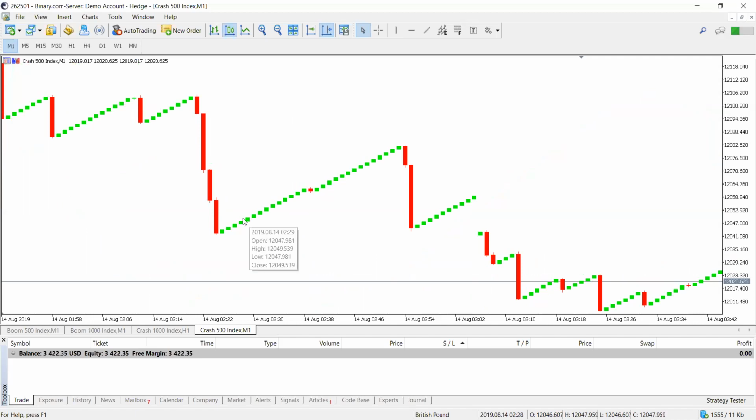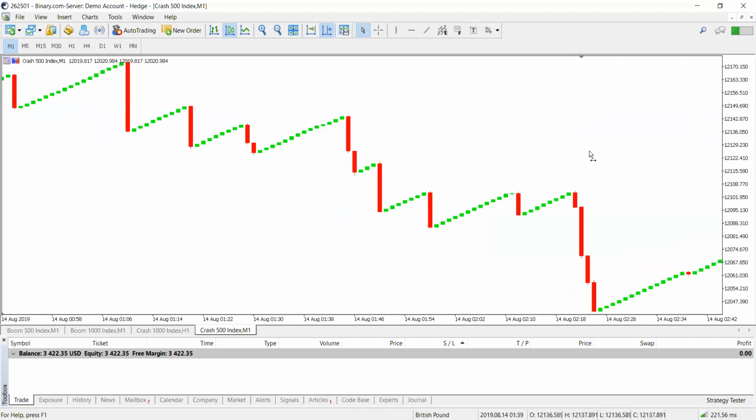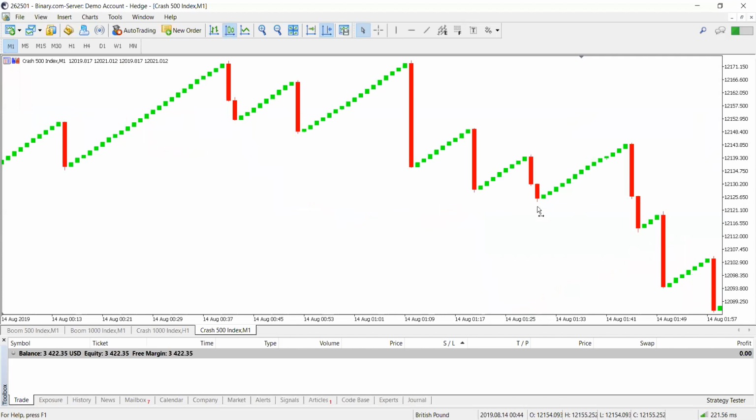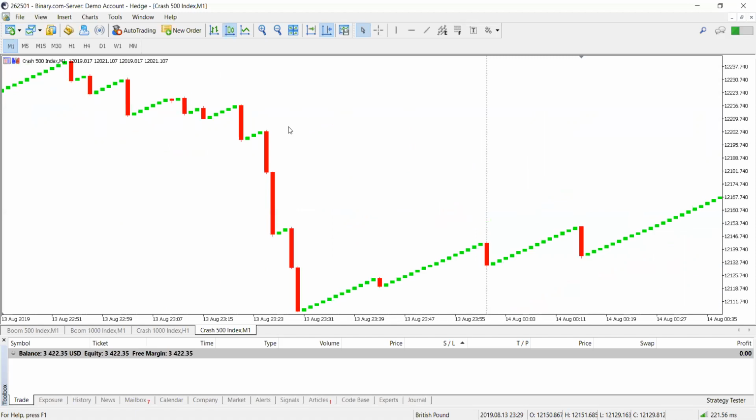Well, it's up to you, but there's no shorter crash here. Shorter crashes. But you basically can see that if the crash is on a buy, you can actually make money by entering and coming out.